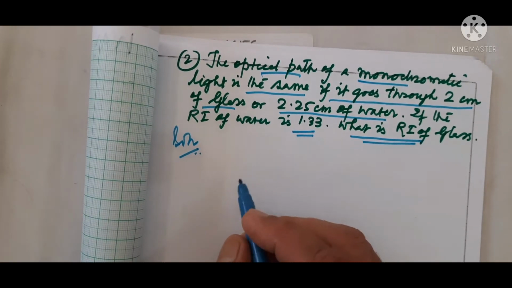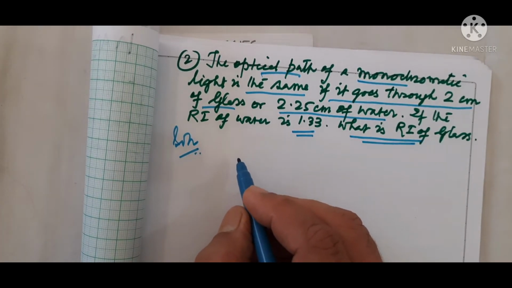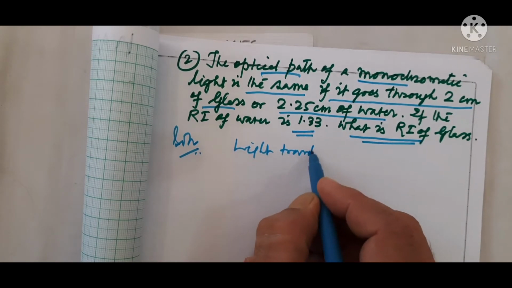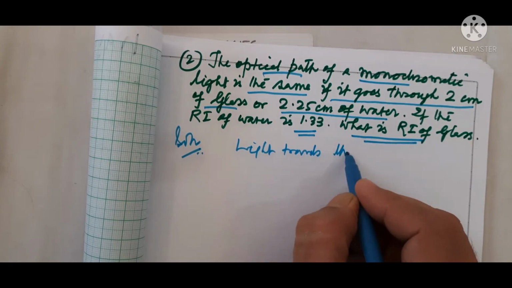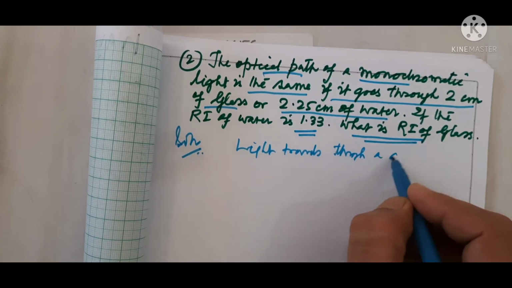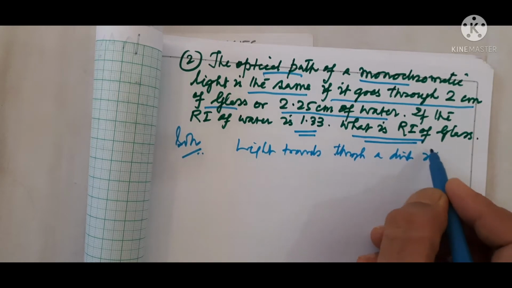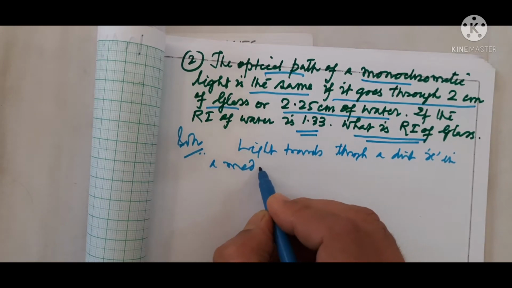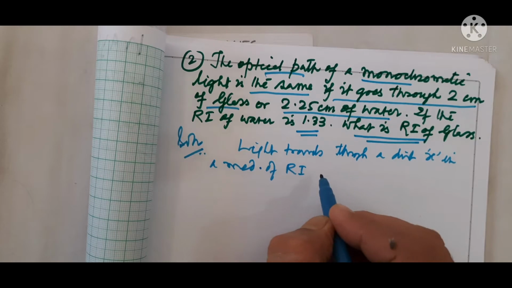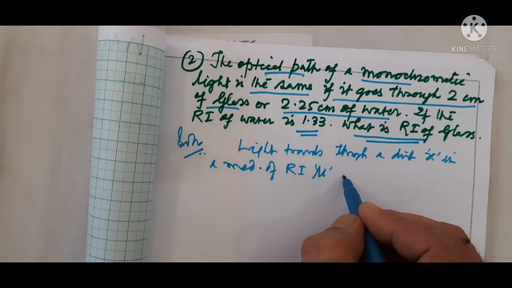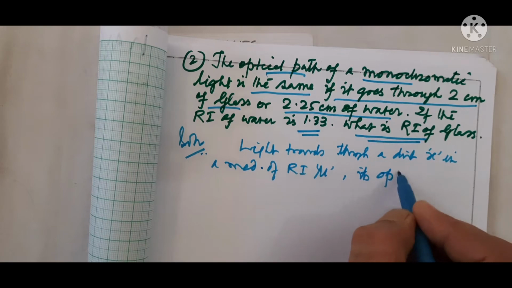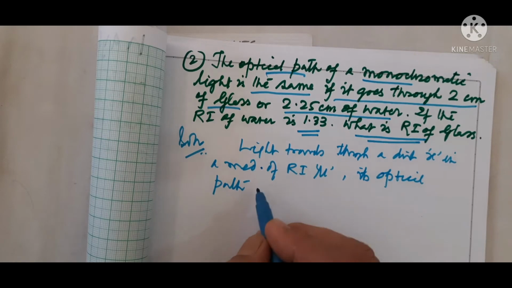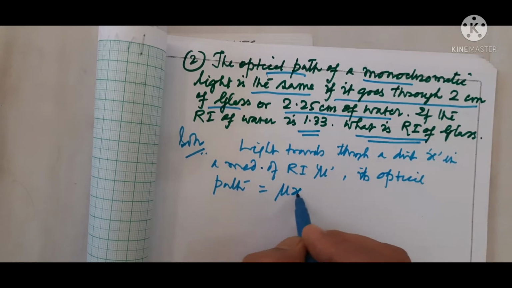You remember one very important concept. When light travels through a distance, say x, in a medium of refractive index mu, then its optical path will be equal to mu into x.